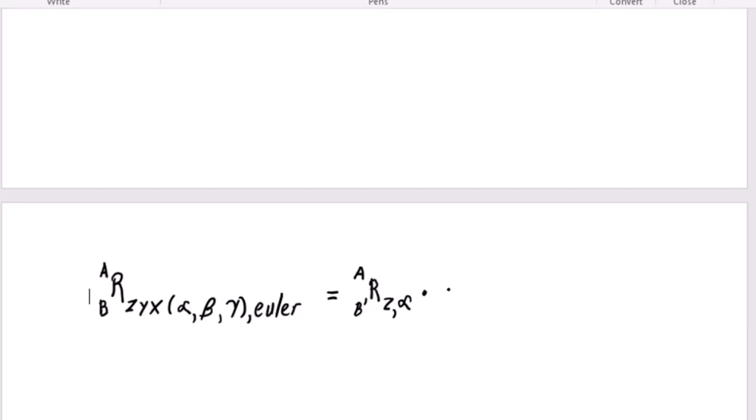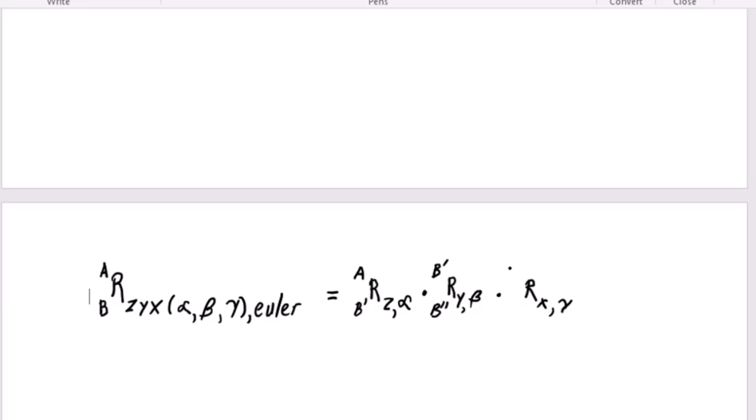Then the next rotation that took place was again R, which is the y-axis with the angle beta. The previous was B prime, and the current is B double prime. And finally, the last rotation that took place was X. So that was R, X with the gamma.